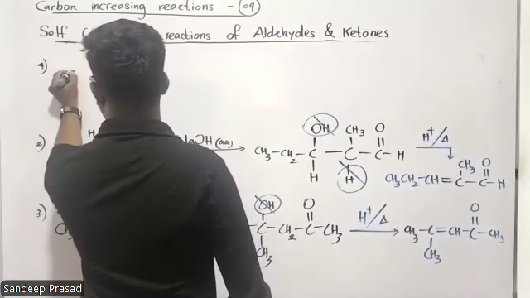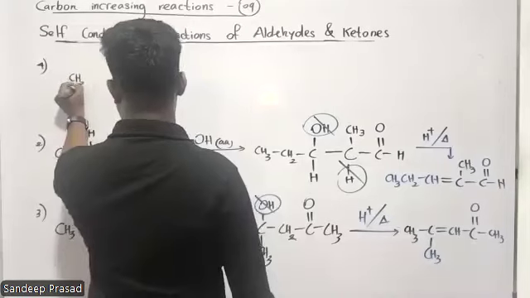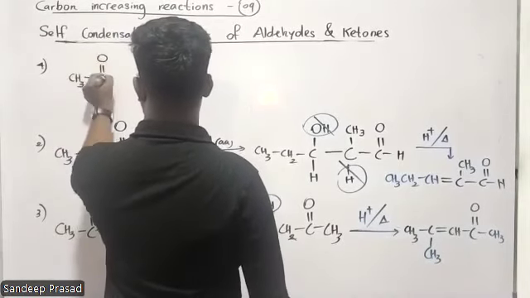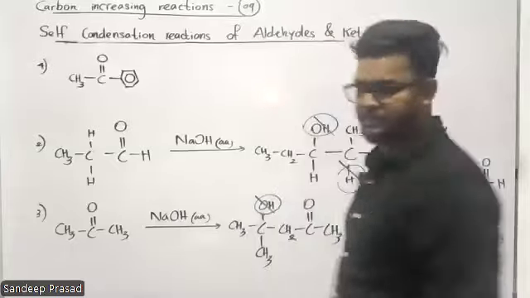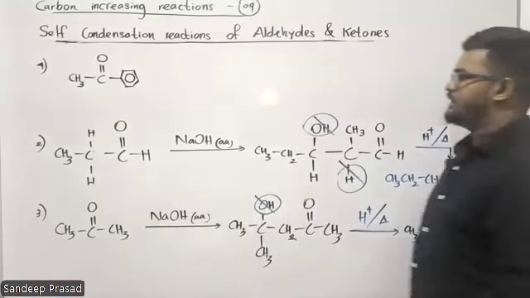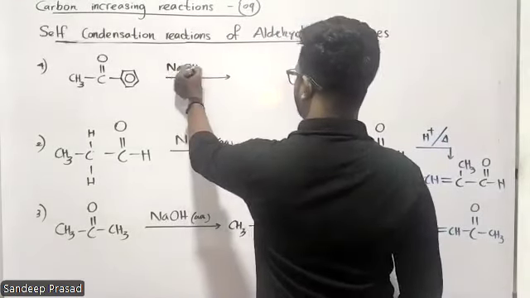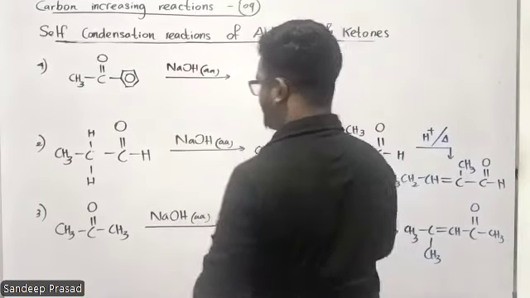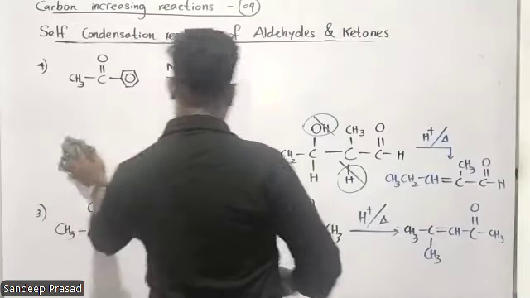Let me consider CH3 C double bond O, and here we have a benzene ring. Then I'm going to add here aqueous sodium hydroxide. Write down the products quickly. Fourth one, and number 5, fifth one.